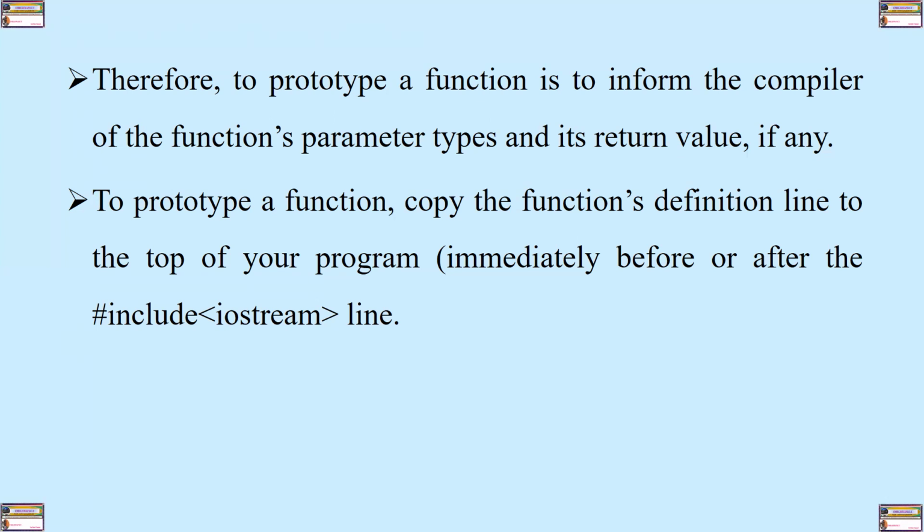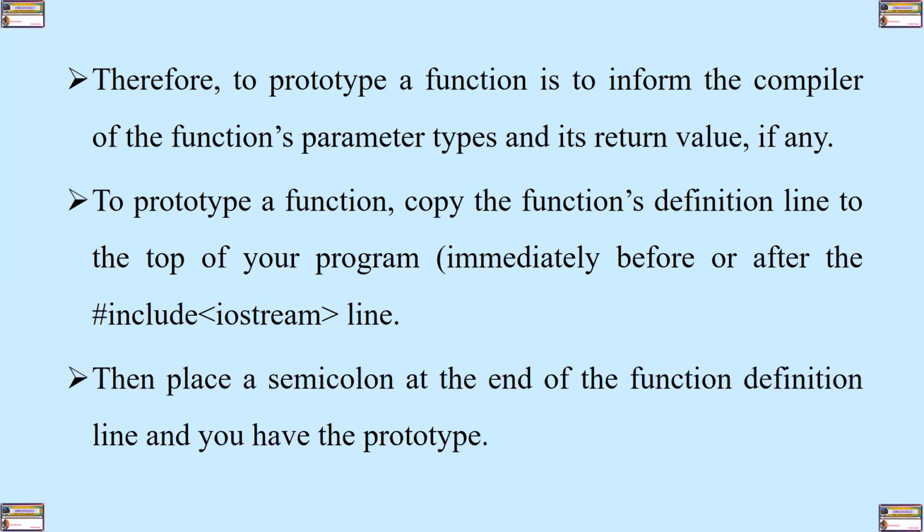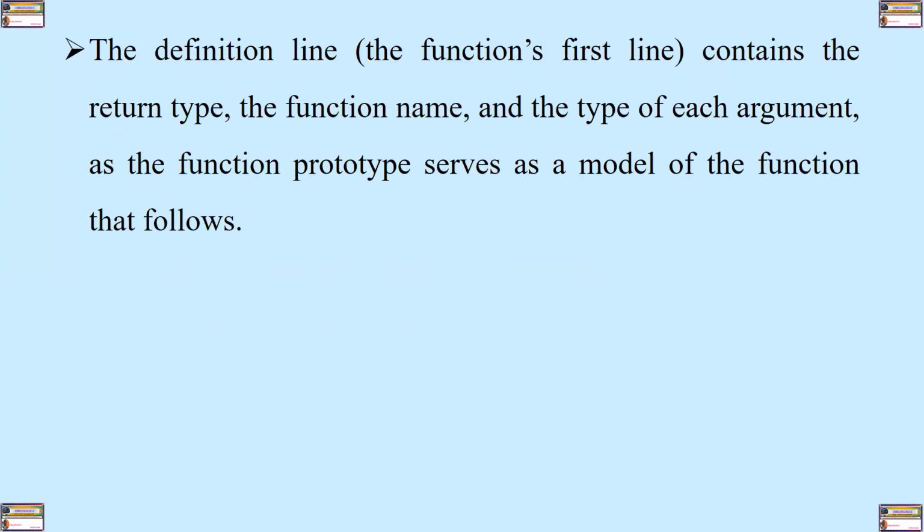To prototype a function, copy the function's definition line to the top of your program, immediately before or after the #include iostream line. Then place a semicolon at the end of the function definition line, and you have the prototype. We are going to see how that is done.